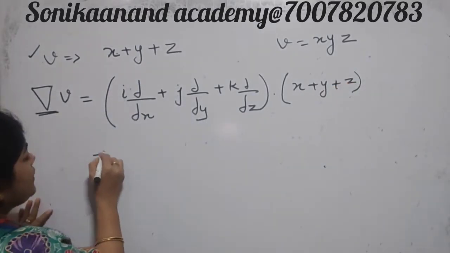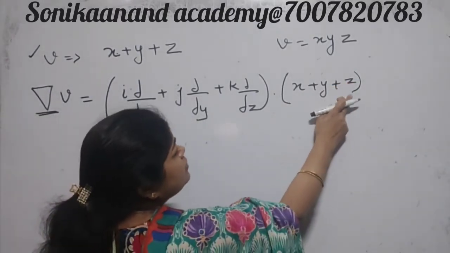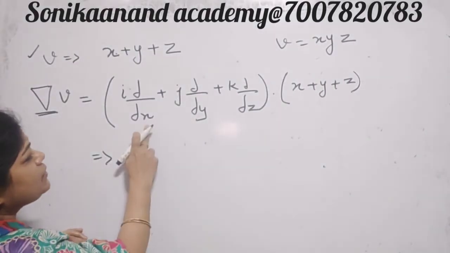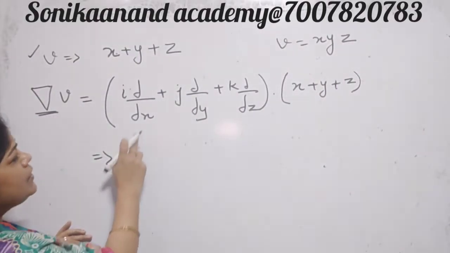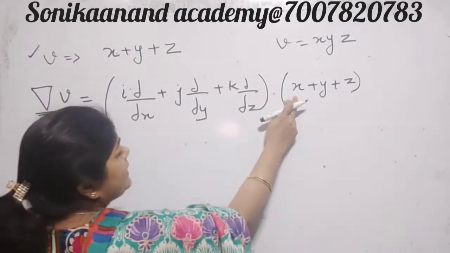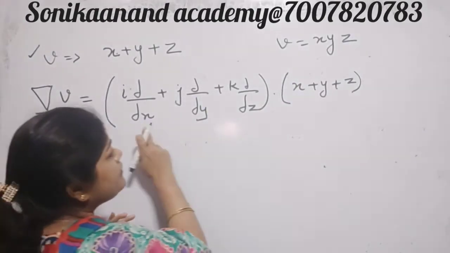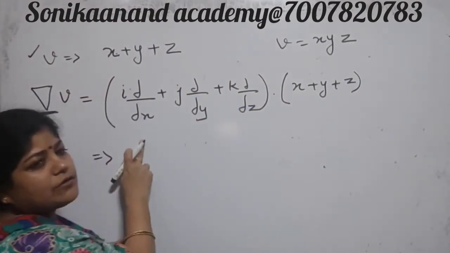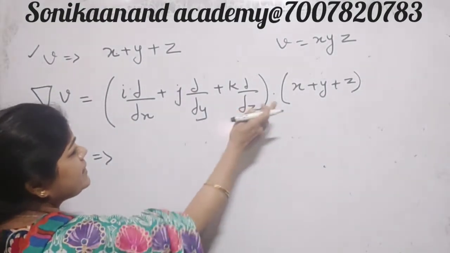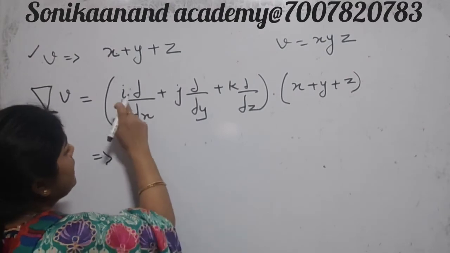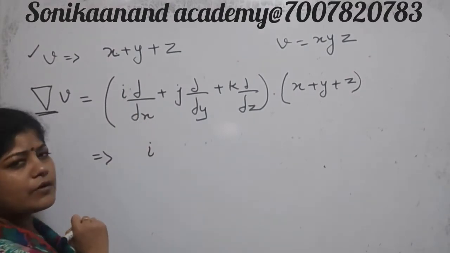Now we differentiate one by one each of the terms with respect to x, y and z. For the first term x, when we differentiate with respect to x, we get 1, and this is i. Okay.